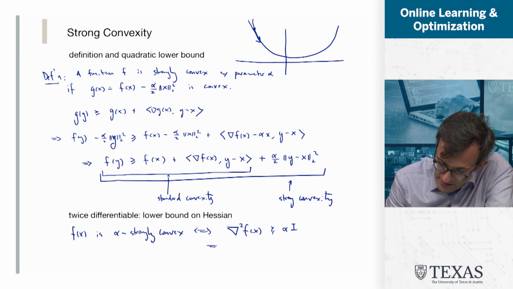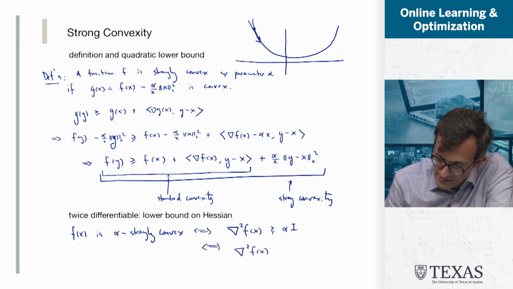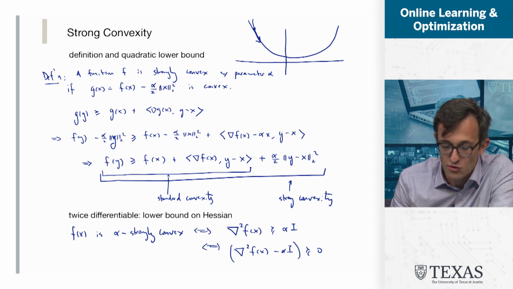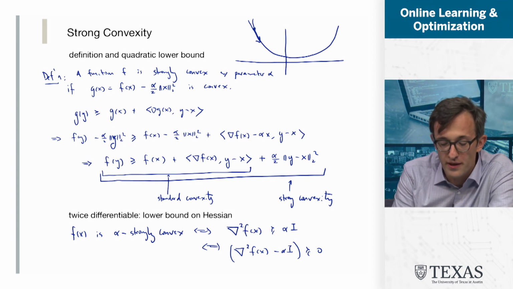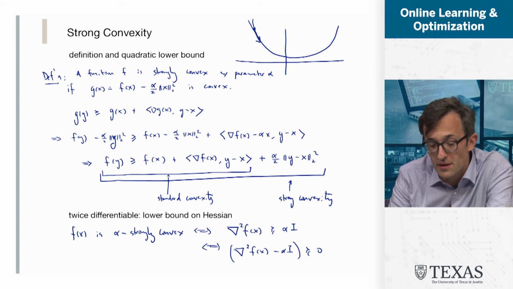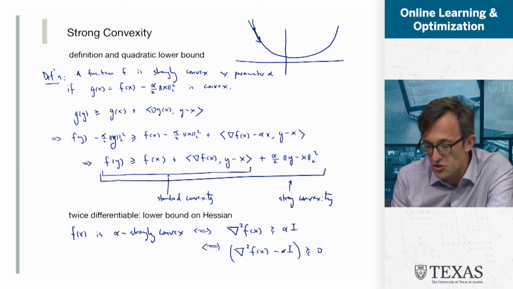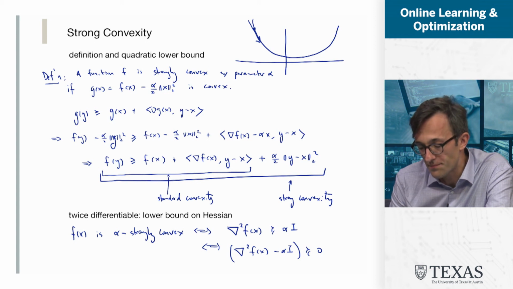This is exactly the same as saying that the function f of x minus alpha over 2 x squared is convex, and we can see this directly from the definition. If we plug in what it means for g to be convex, it means the Hessian of g is positive semi-definite, but the Hessian of g is exactly the Hessian of f minus alpha times the identity.